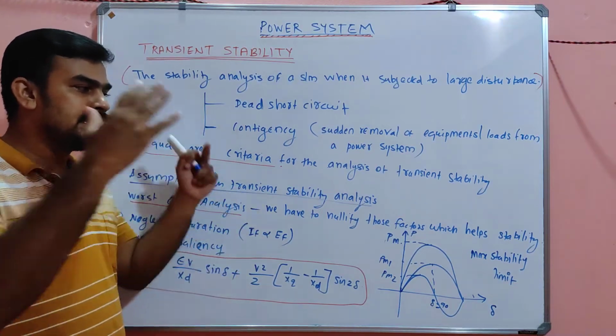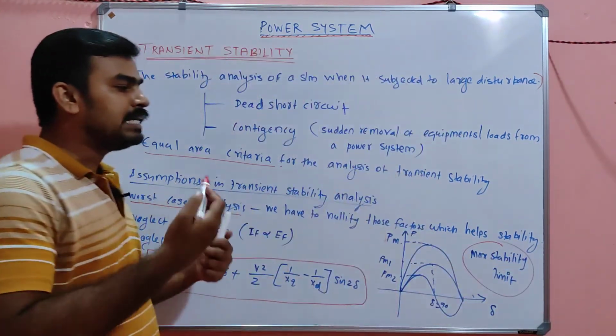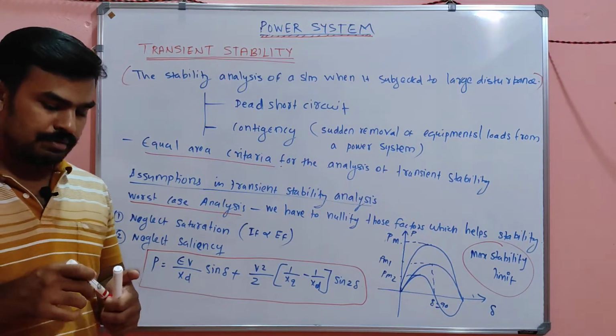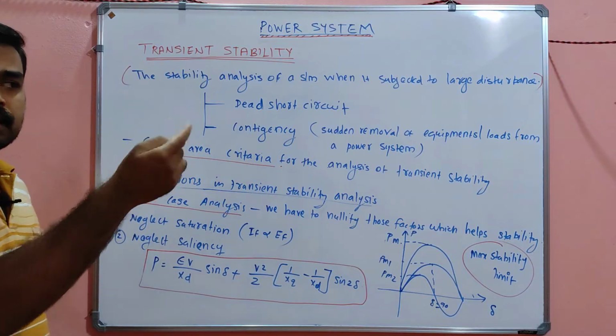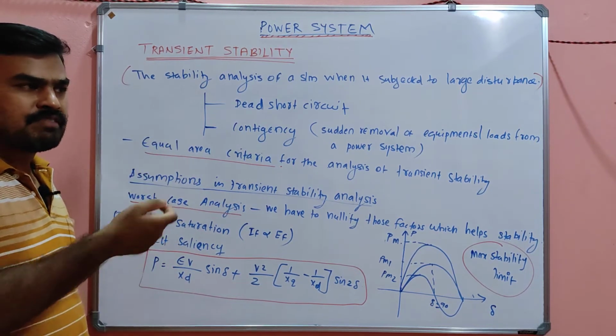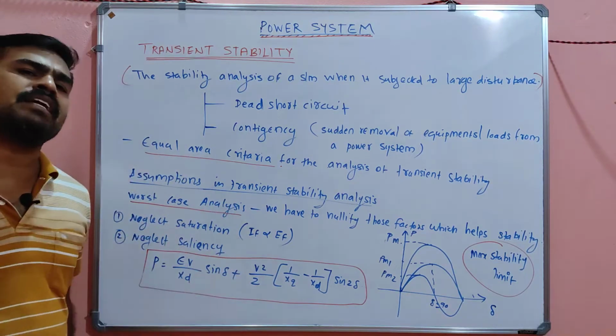But if the maximum steady state stability limit, this word is very, very important, my dear, is lower, then we can easily see what happens when a small disturbance is given, or even a big disturbance.